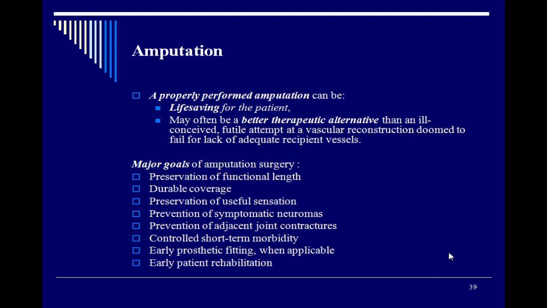Main goals of amputation surgery: preservation of functional length, durable coverage, preservation of useful sensation, prevention of symptomatic neuromas, prevention of adjacent joint contractures, controlled short-term morbidity, early prosthetic fitting when applicable, and early patient rehabilitation.